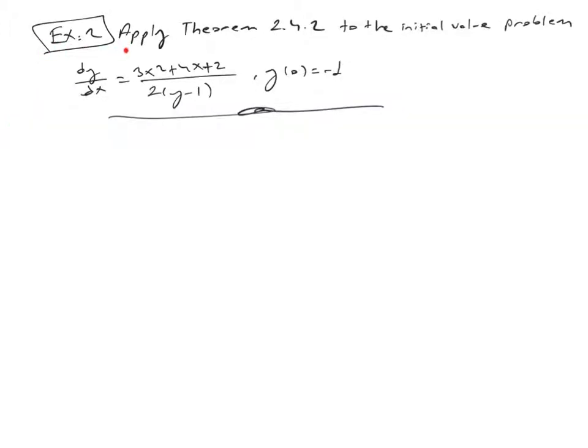Example 2. Apply Theorem 2.4.2 to the initial value problem given in this form. To apply Theorem 2.4.2, we will look at f of x y and df of x y over dy. Let's check f of x y and df of x y over dy.